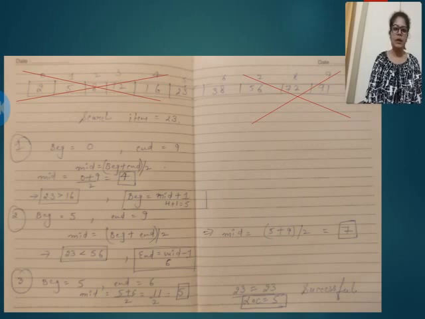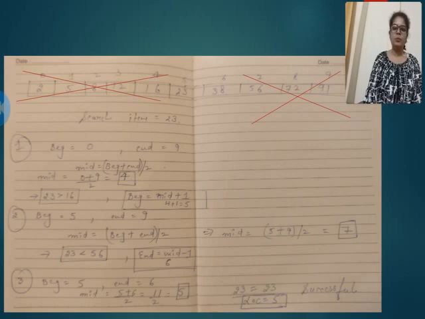When the item is greater, we calculate the beginning by applying the formula beginning is equal to mid plus 1. In the first step, mid was 4. 4 plus 1 is equal to 5. So the new beginning is 5.